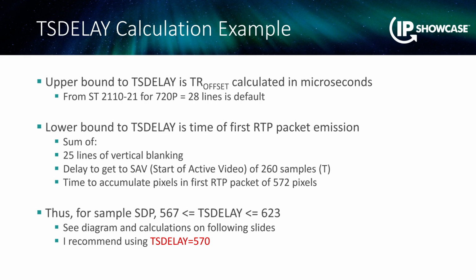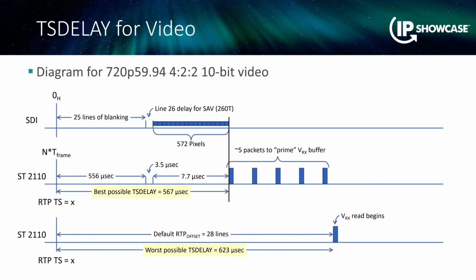So for the sample SDP that we put into the standard, we used a TSDELAY value of 570. I think that was the final decision. And to show what this looks like graphically, let's say you have an SDI signal coming in that's aligned with your system clock reference, you have 25 lines of blanking before any video appears. Then of course we have our delay for the start of active video.